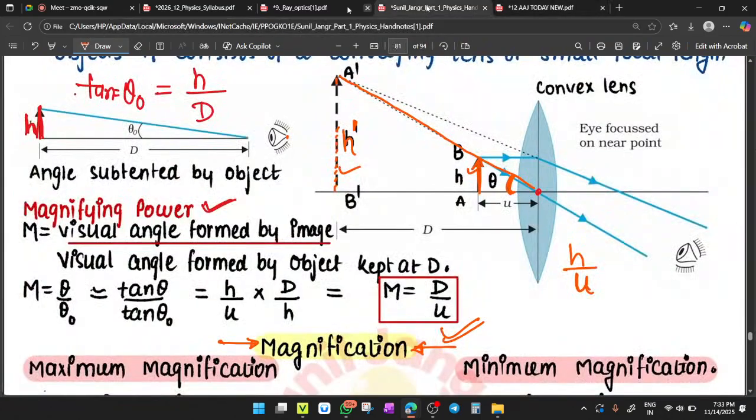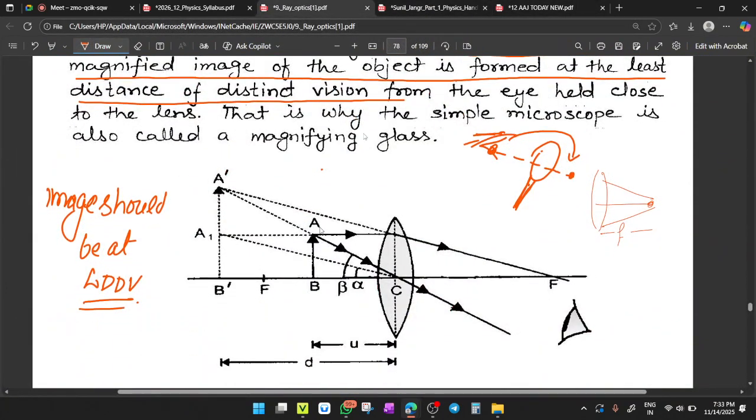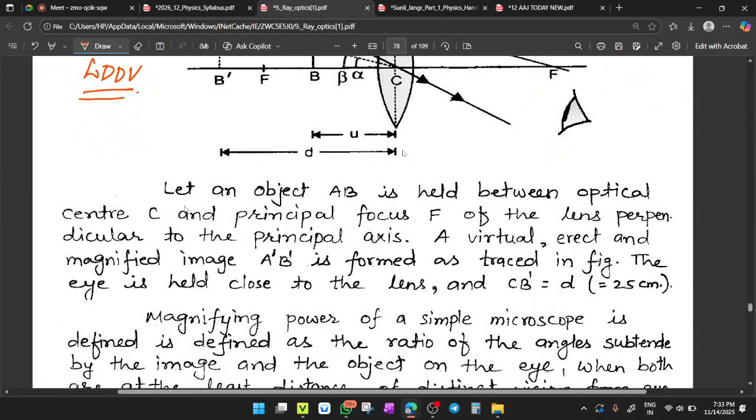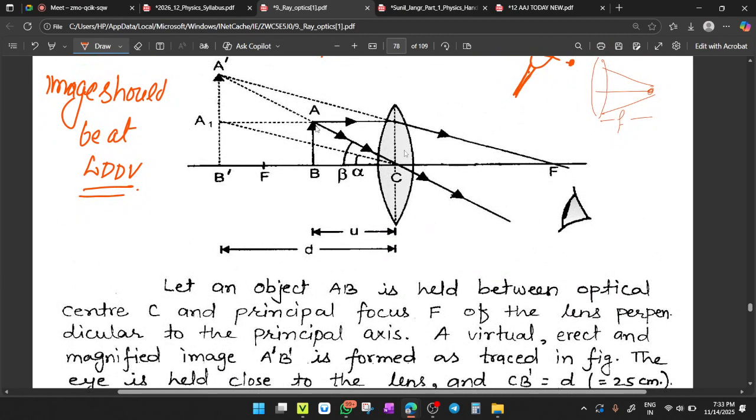Now, starting with a consideration, let an object AB be held between the optical center and principal focus. So here we have our object, this is equal to AB, and for proper magnification this object has to be placed between the optical center and focus. Clear? Yes.